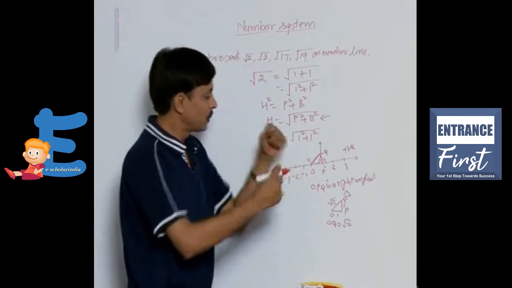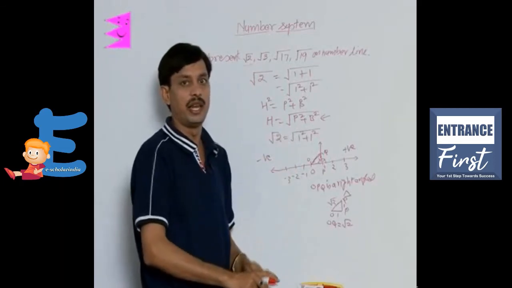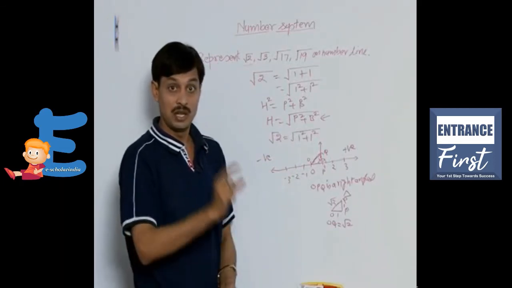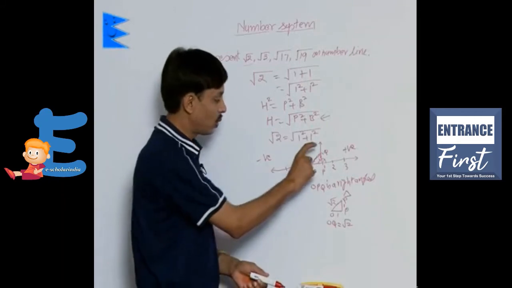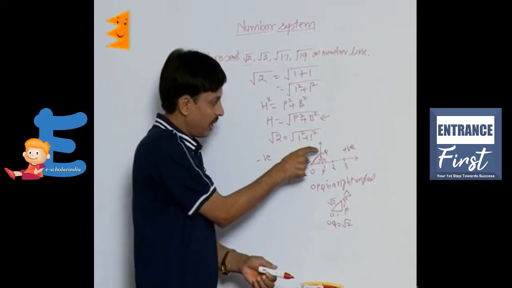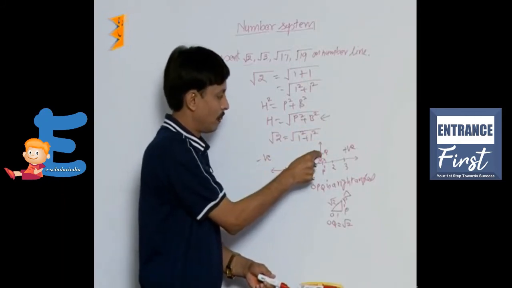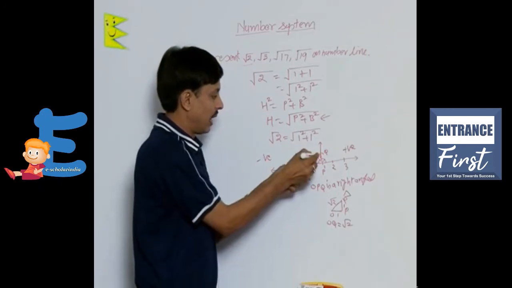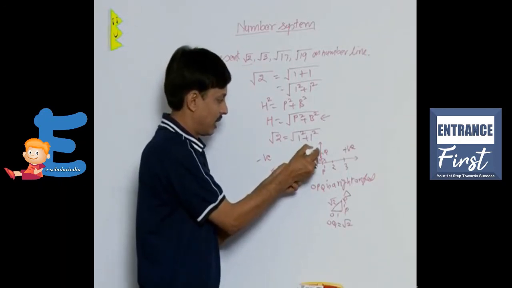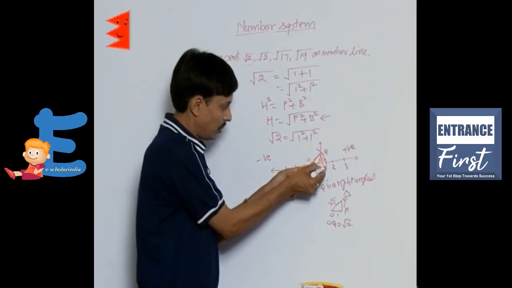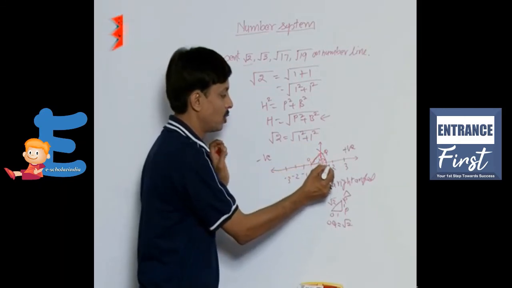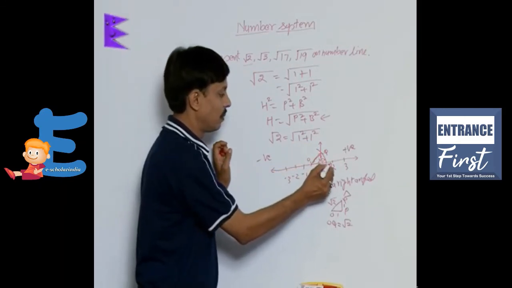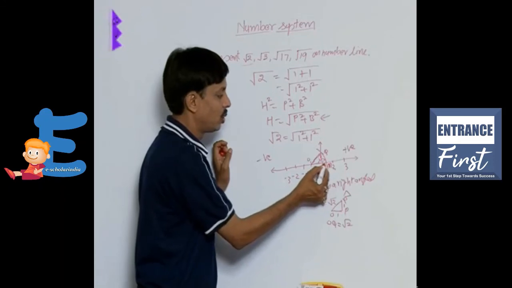To bring this part OQ onto the number line, take the compass, fix its needle at O, open it till the pencil at Q, and then mark an arc like this. We get a new point, suppose M, which is somewhere between 1 and 2.